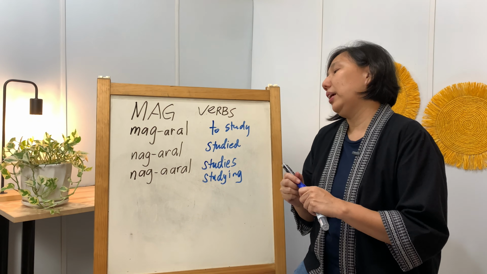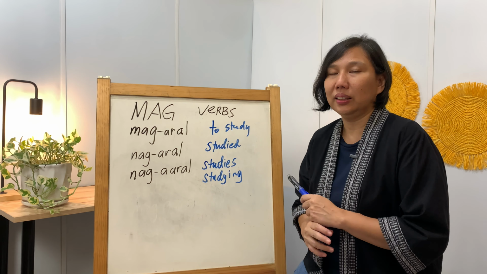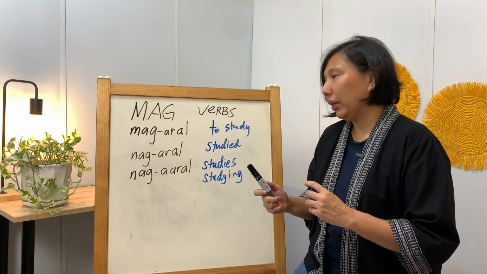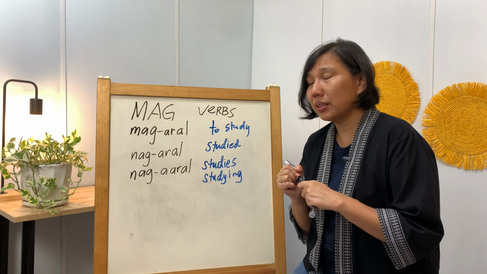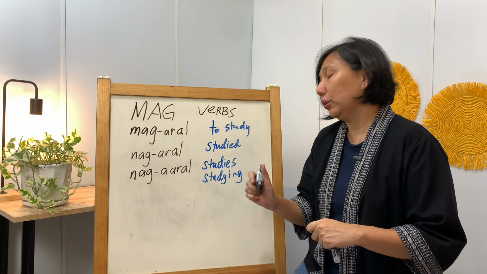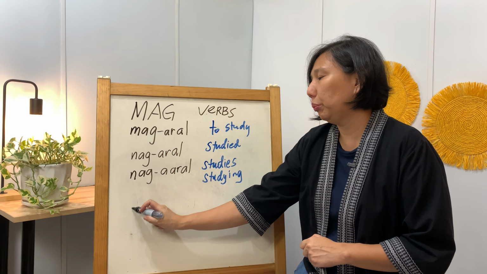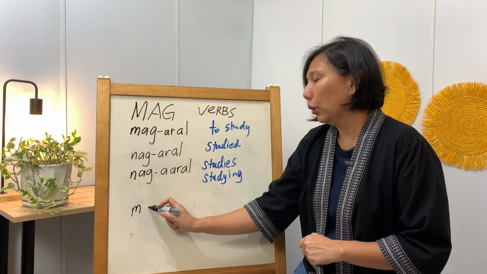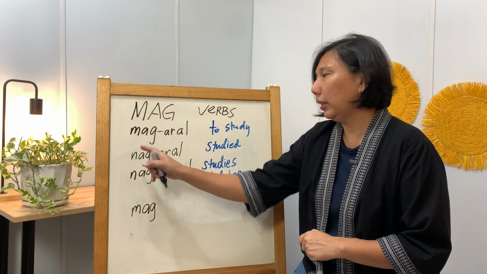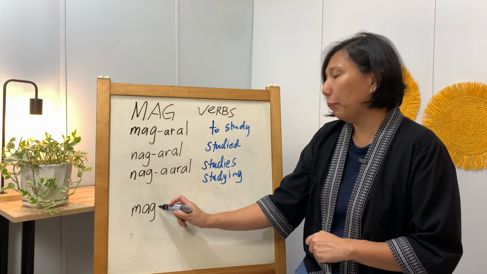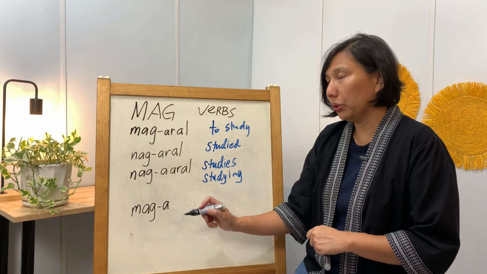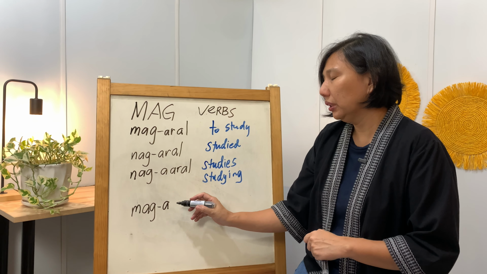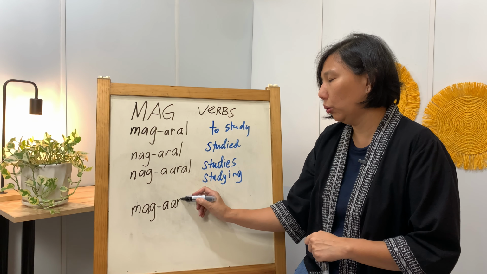Now, when you want the future tense in English, or the contemplative in Filipino, you go back to your mag, like in your infinitive, but you repeat the first syllable of the root, which here is a vowel, and then you attach the whole root.